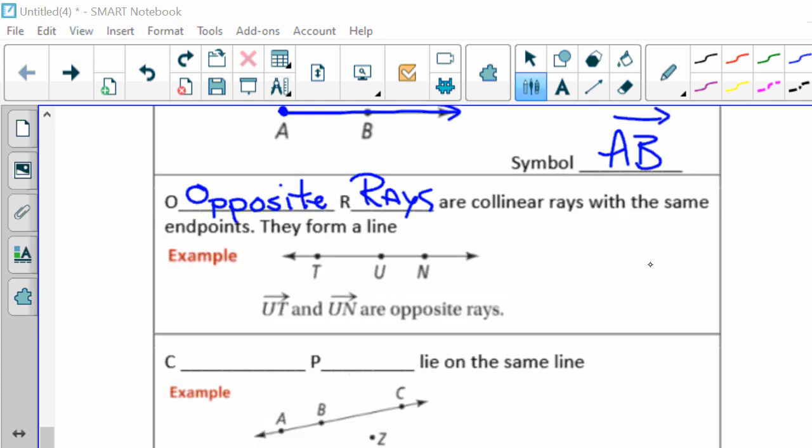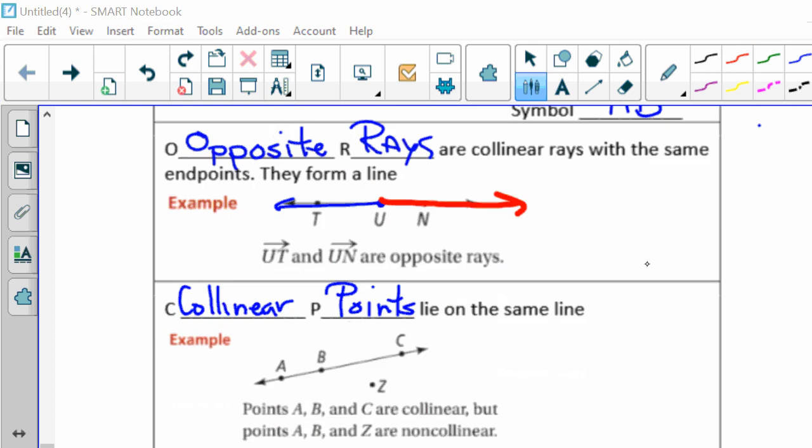Opposite rays are rays that have the same starting point but go in opposite directions. They basically form a straight line. Collinear points are points that lie on the same line. So points A, B, and C all lie on the same line.